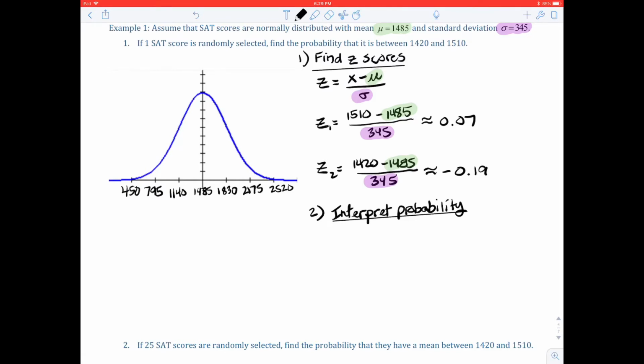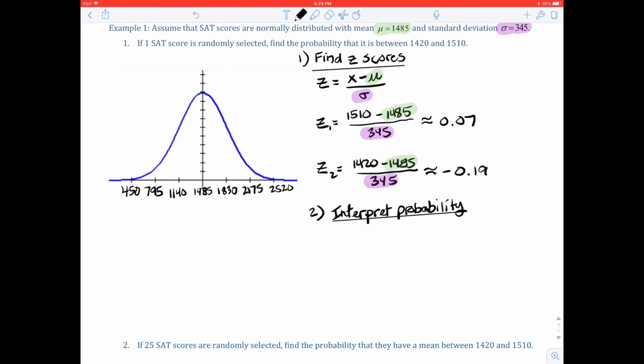All right. So the probability that we were looking to get was what? Good. We want to know the probability that we get a value somewhere between 1420 and 1510, right?